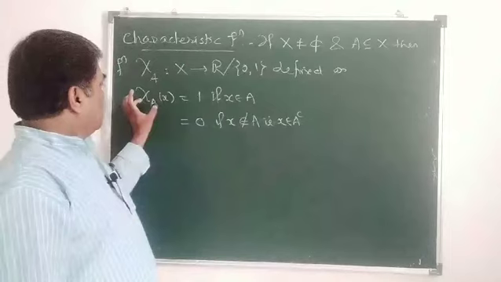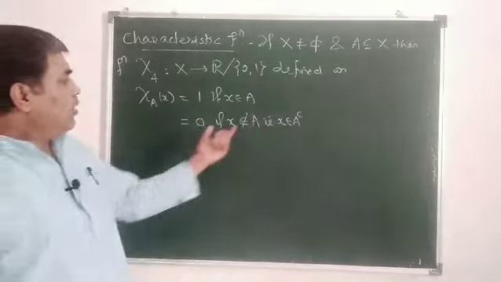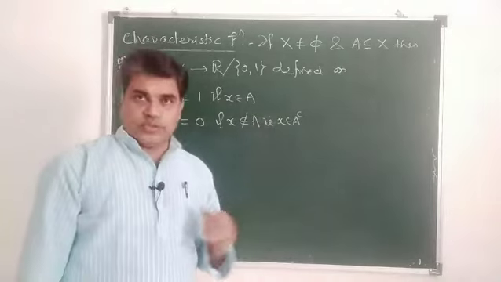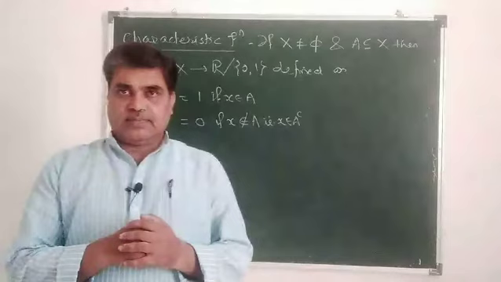So the characteristic function maps every element of A to 1 and all elements in A complement to 0. This function is called the characteristic function.